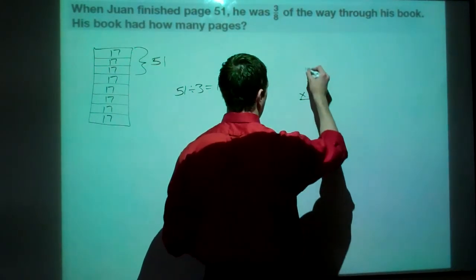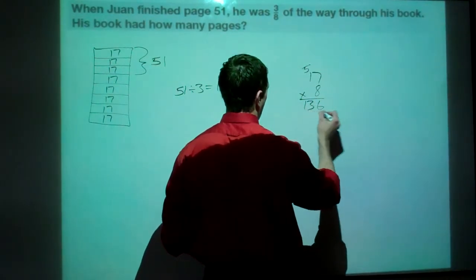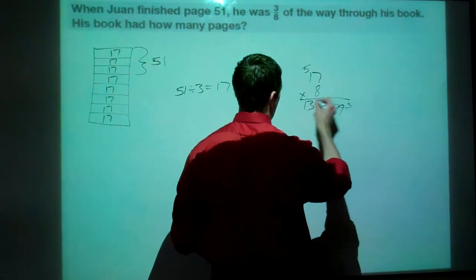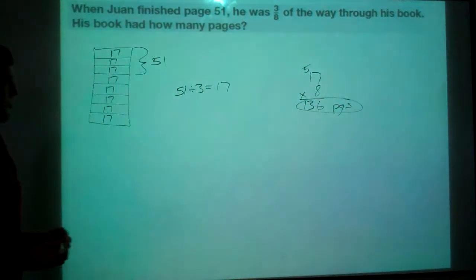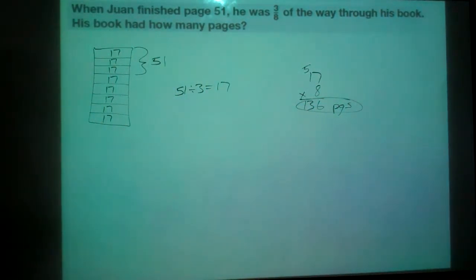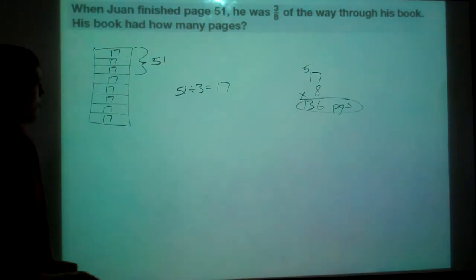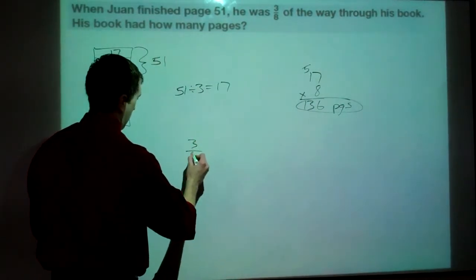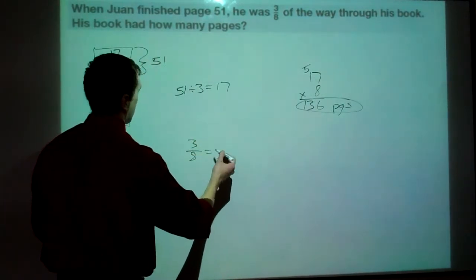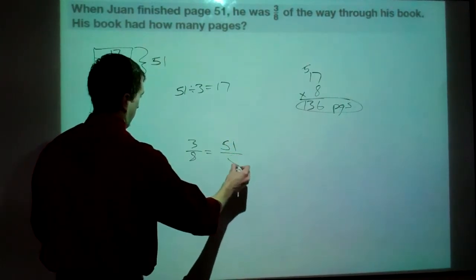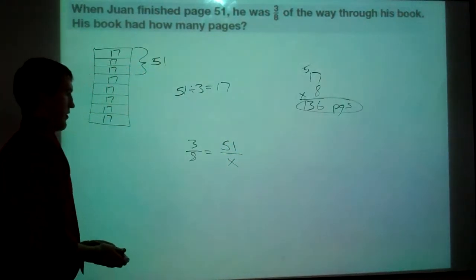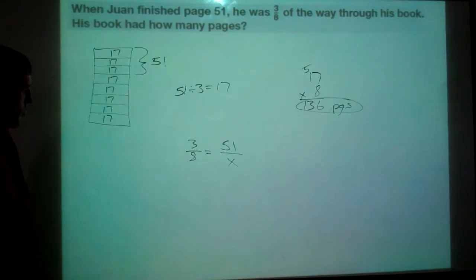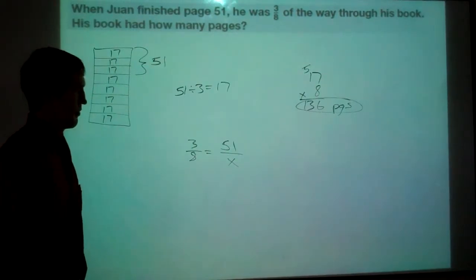So we get 136 pages total. That's the diagram way. You can do it the other way too if you want. You would have ended up with a proportion of 3/8 equals 51 over x. You could have cross multiplied and divided, and we would have gotten the same thing.